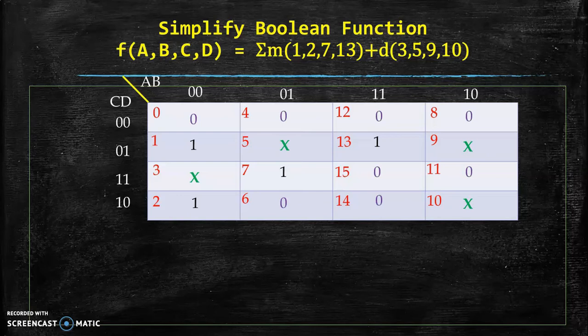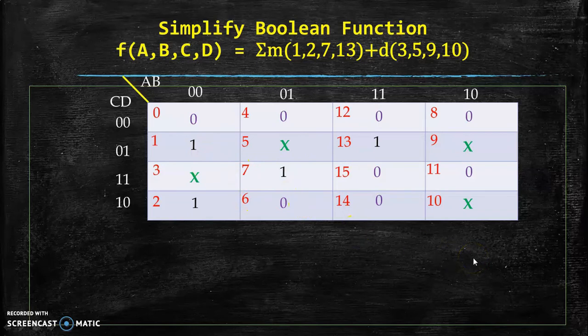So now we have to prepare groups. We have been given only 4 minterms, so in 4 cells 1, 2, 7 and 13 we have entered ones. So a quad is not possible. Even a pair is not possible. If we do not consider don't care conditions, then we have to prepare groups of single, isolated ones.